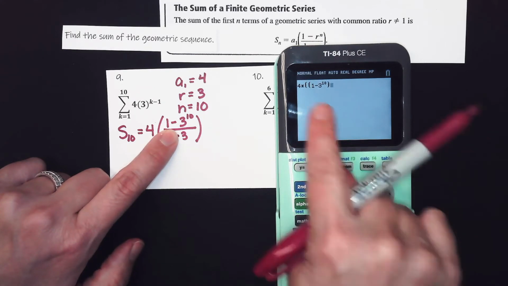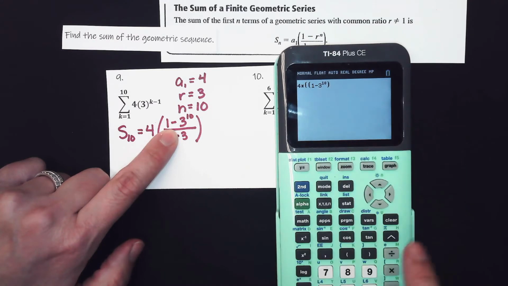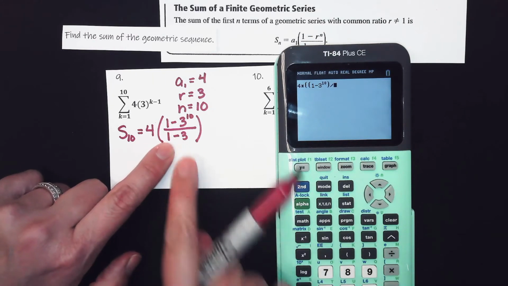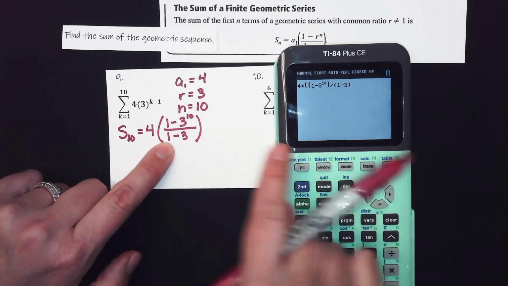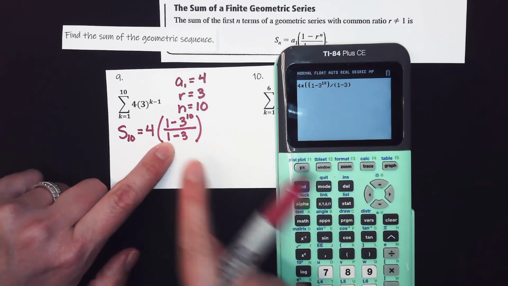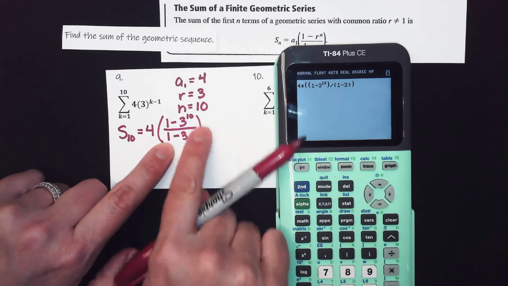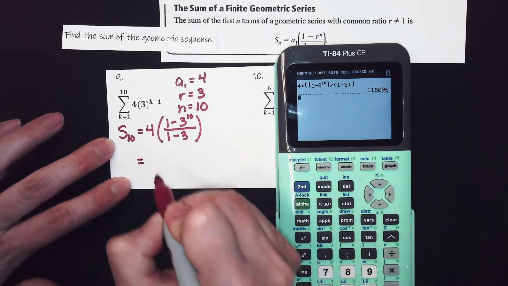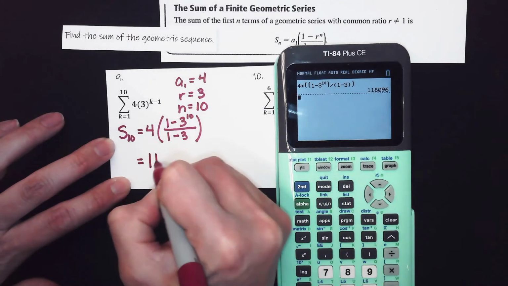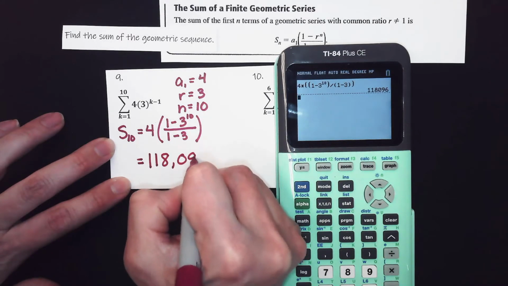Then I could end the parentheses, ending my numerator, divide by, and then the denominator had 2 terms. So I have to start a parentheses 1 minus 3, end the parentheses for the denominator, end the parentheses for the whole thing, and I get the sum of the first 10 terms is 118,096.